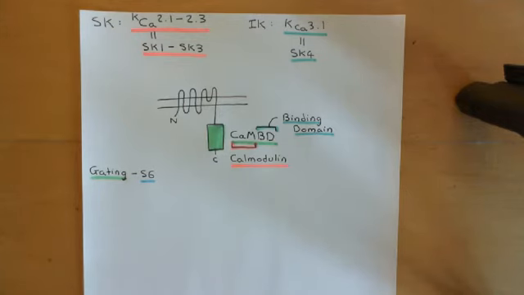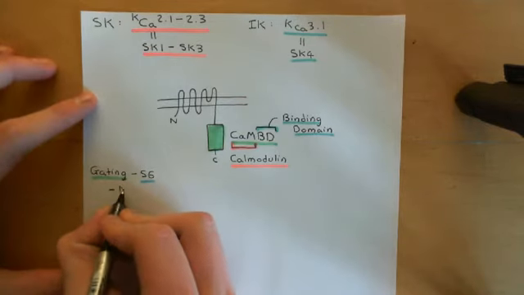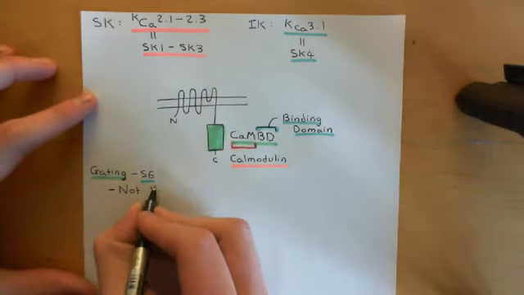Now, before I actually talk about calcium gating these SK and IK channels and how calcium can cause them to open, let me firstly talk about why these things are not voltage gated. Or really what I'm about to talk about is the fact that they are not voltage gated. So I'm going to put that in big letters: not voltage gated.